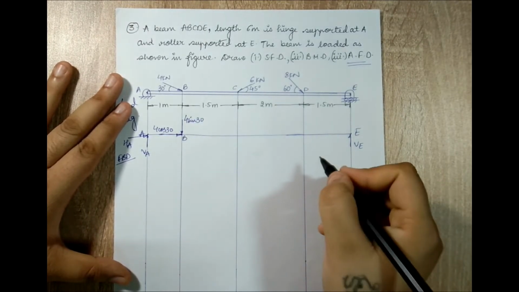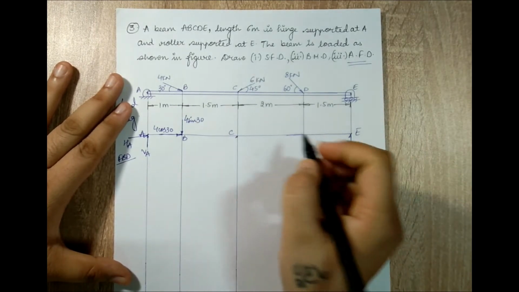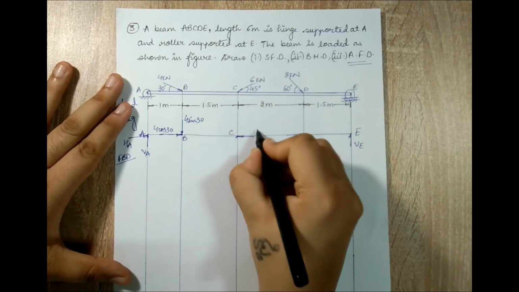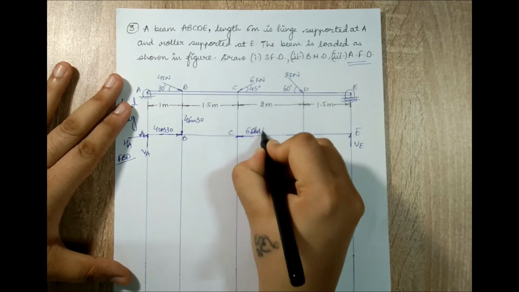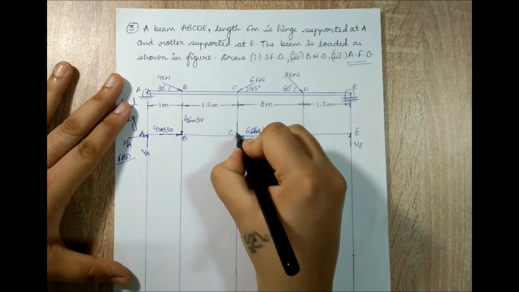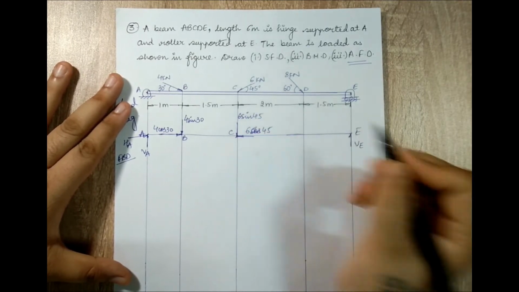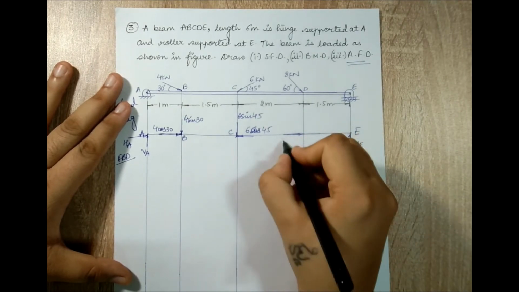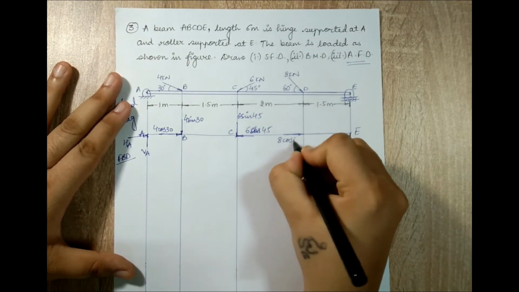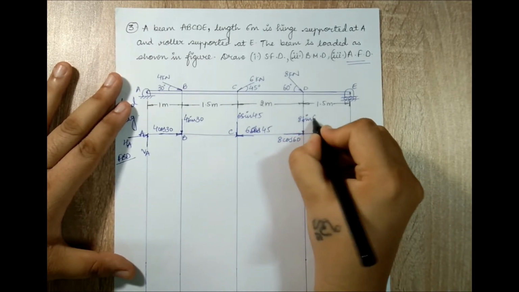This is point B. At point C, again there is an inclined load, so along the angle it will be 6 cos 45 and perpendicular will be 6 sin 45. At point D, again there will be 8 cos 60 and 8 sin 60.